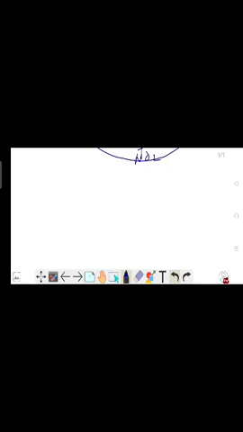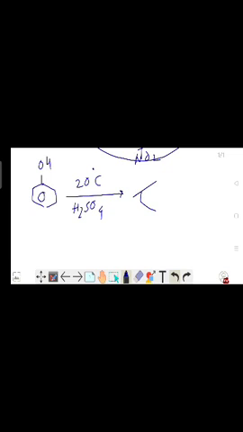And you know, in the presence of concentrated sulfuric acid, phenol reacts with sulfuric acid to produce sulfonic acid. But here two types of reaction occur at room temperature, near about 20 degrees centigrade. When phenol reacts with concentrated sulfuric acid, then it produces orthophenol sulfonic acid, that is OH SO3H, as a major product.